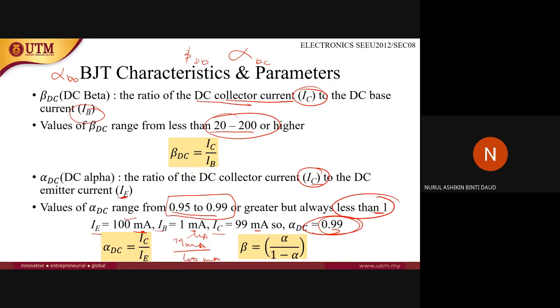And these two can also be combined, where beta is equal to alpha over 1 minus alpha. So you can also get the value for beta. Let's say that the current for the base is not given and you only have these two values. You can still find the value for beta by using this formula.